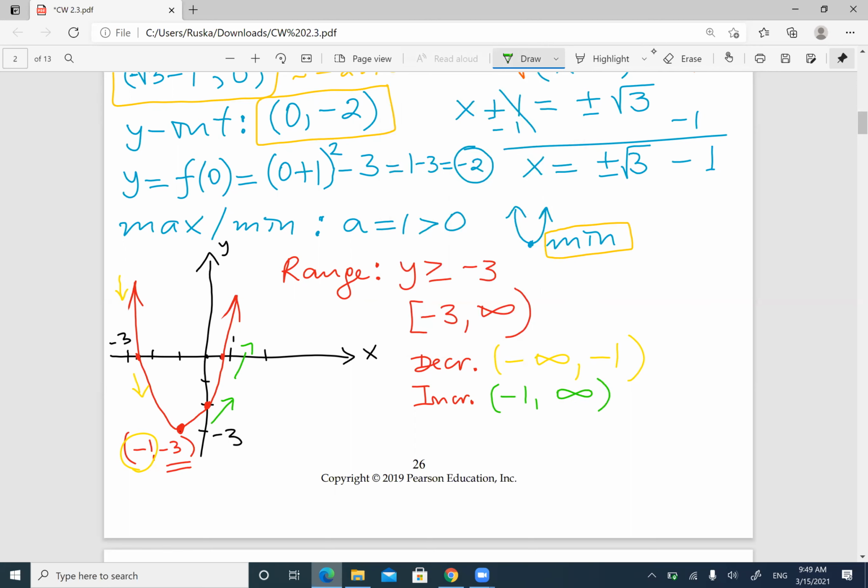And always when you write the increasing and decreasing intervals, you always look at the x coordinates, because the x coordinates determine where the increasing and decreasing intervals are, looking on the x-axis. So that's why we're using -1, not -3. So you're looking left to right, you're looking on the x-axis.